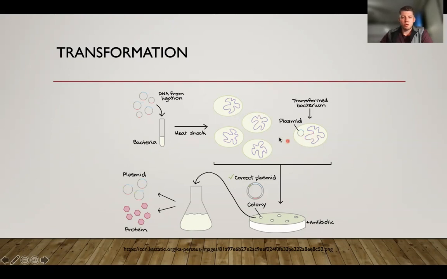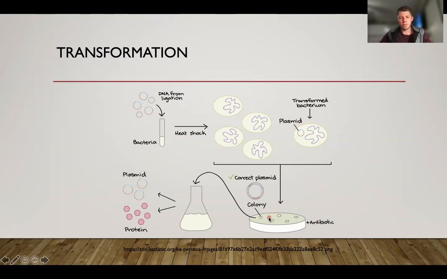After doing so, those bacteria will be plated in a petri dish that contains an antibiotic, and this antibiotic will correlate with the antibiotic resistance gene contained in the plasmid. This will allow for only the bacteria that took up this plasmid during the heat shock phase to grow up on the petri dish.